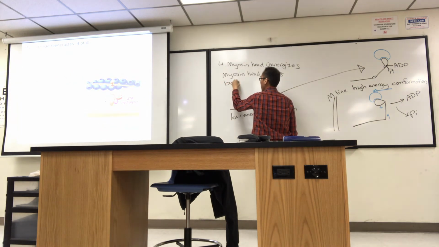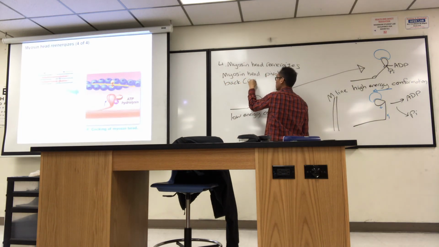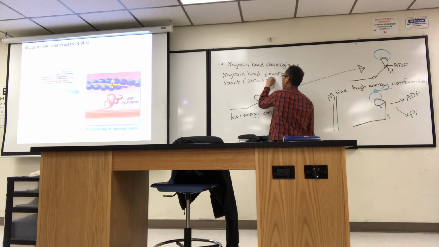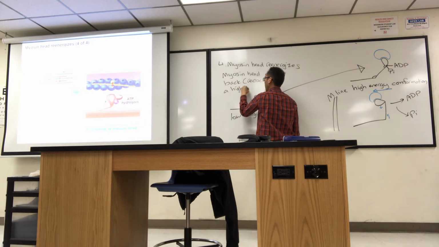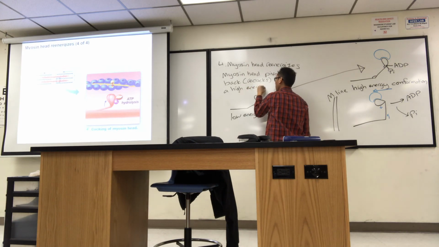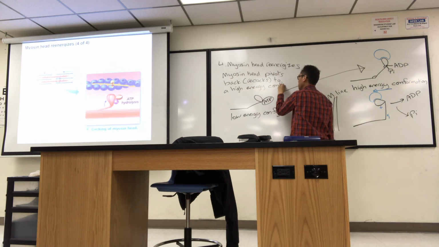The myosin head pivots back, sometimes they call that recocking, to a high energy configuration.